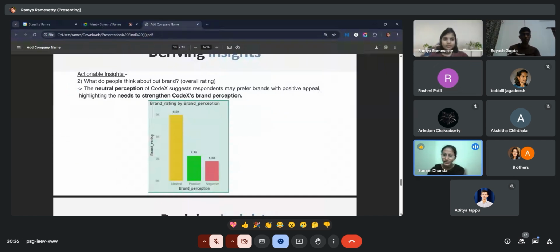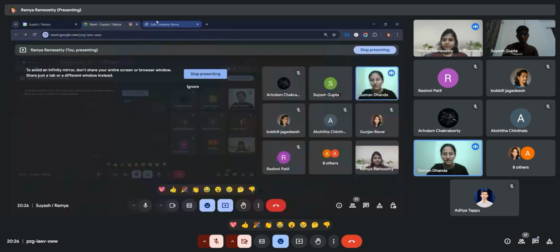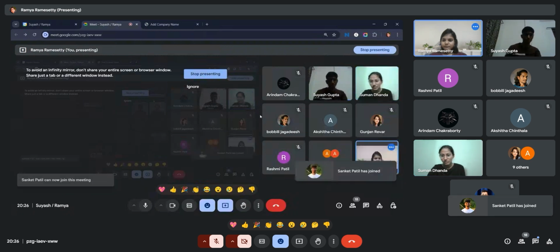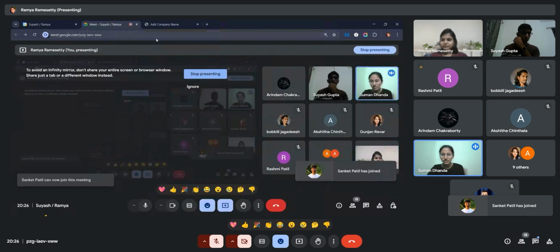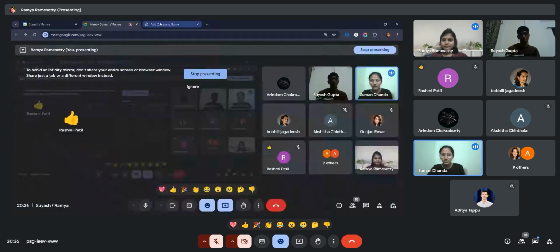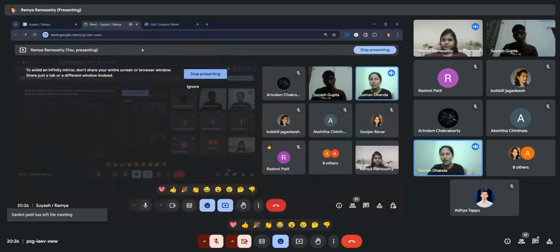I would like to add one more thing here. In the data itself, it was presented that neutral means these respondents are not aware about our brand. So this is the thing we need to keep in mind, that these people are giving the rating as neutral because they are not aware about the brand.